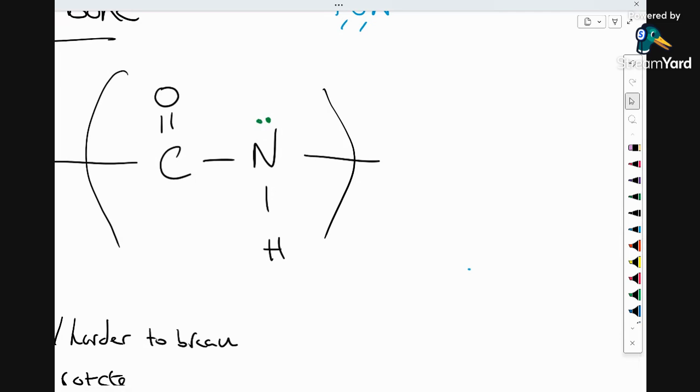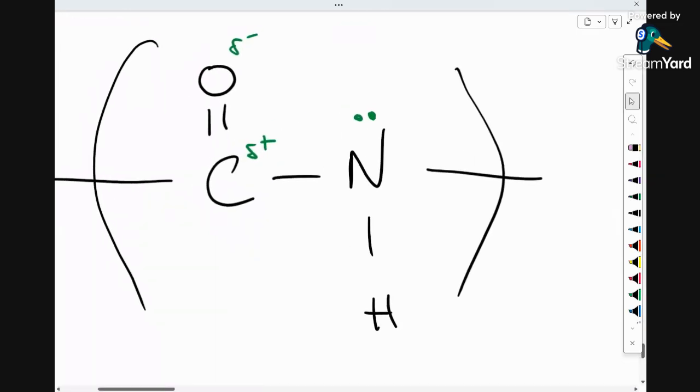What can happen is, obviously we've got our delta negative here, delta positive, as I talked about before. The lone pair of electrons, this nucleophile, is very close to the electrophilic carbon, delta positive. So what it can do is form a bond with the delta positive carbon here.